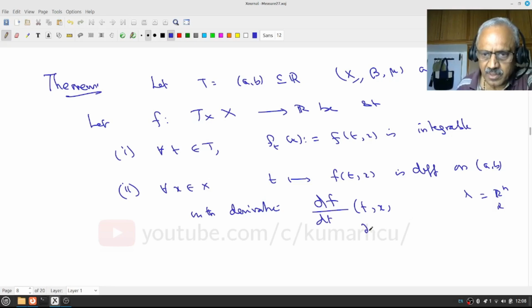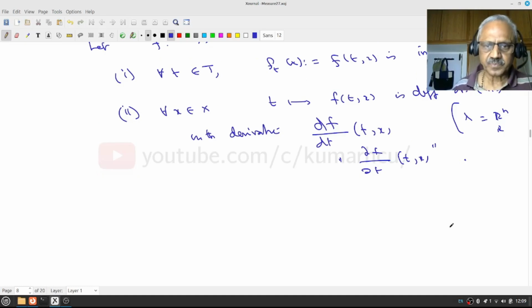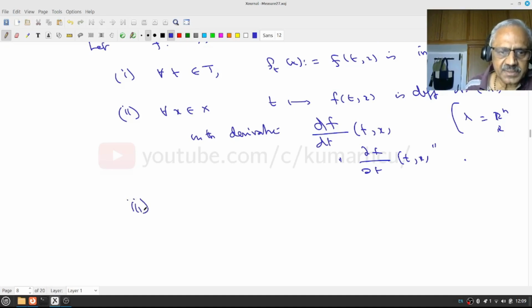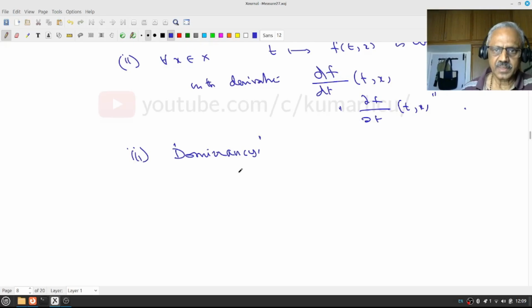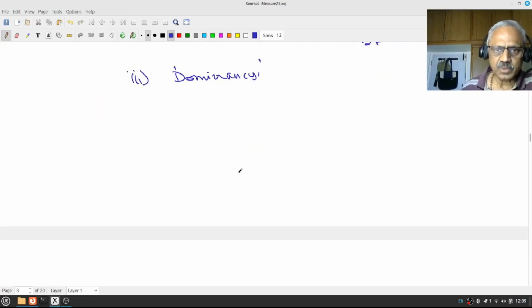Then I would like to write it as del f by del t of (t, x). In this case, this is a notation, right? Now there is a third condition about dominancy. What kind of dominancy do I have to impose? All right. Let us go through the proof.